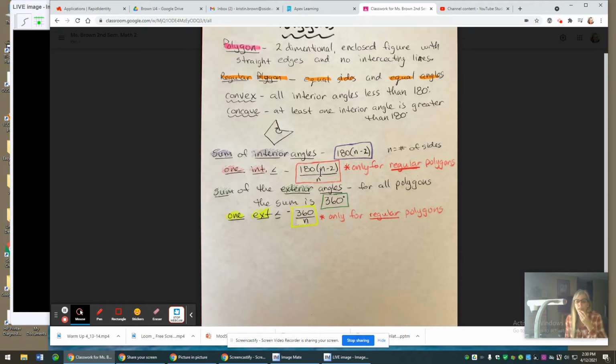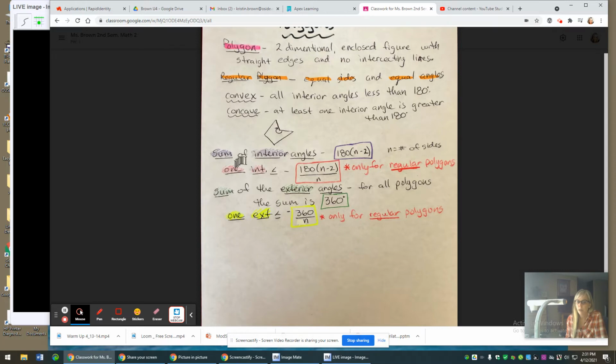We discovered last time we were together the sum of the interior angles of all polygons is 180 degrees times n minus 2. I think we wrote it the other way around, n minus 2 times 180. It doesn't matter with multiplication, the order doesn't matter. But n is the number of sides of that polygon.